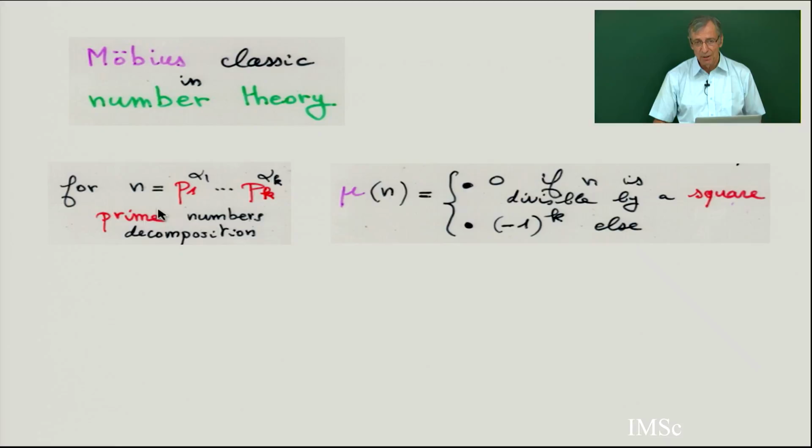In number theory, any number can be decomposed into a product of prime numbers. And the Möbius function, mu of n, is defined by this. It's 0 if n is divisible by a square, which means that one of these integers, alpha 1 to alpha k, is bigger or equal to 2.